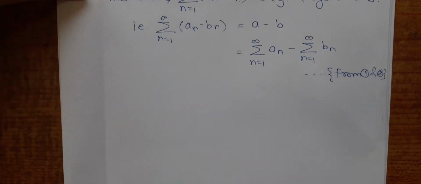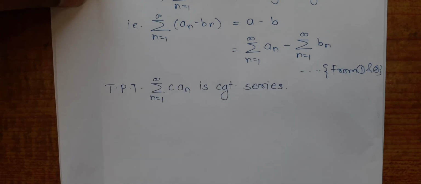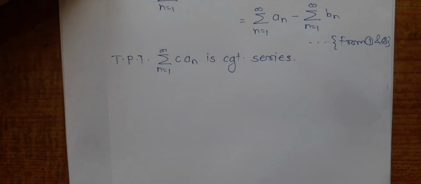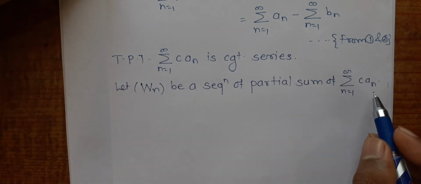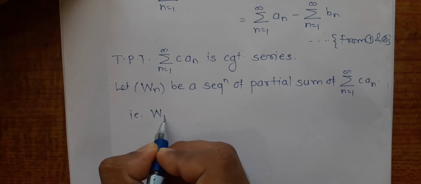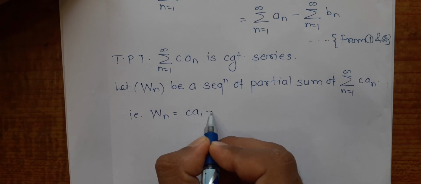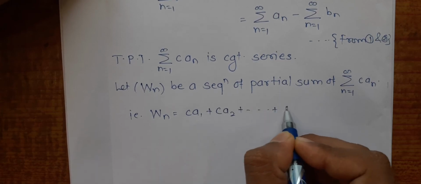So let us go for the last sub question. What we have to prove? In the last sub question we have to prove that summation c·a_n is a convergent series. So here also I will take a sequence of partial sums. Let W_n be the sequence of partial sums of the series summation c·a_n. That is, W_n is nothing but, we add the first n terms: c·a1 plus c·a2, where c is a constant, plus and so on c·a_n.